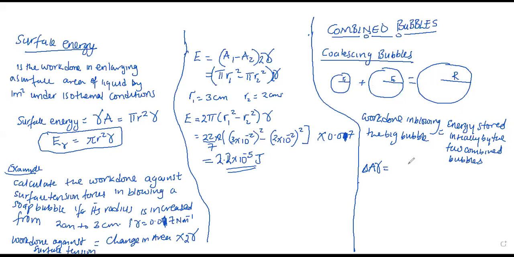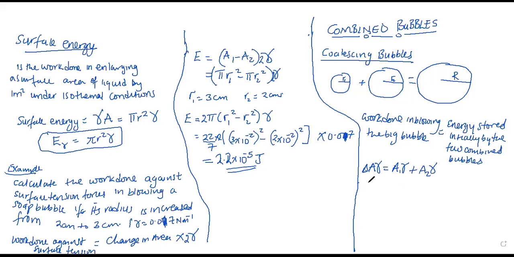For the individual bubbles we had area 1 times gamma of the smaller bubble, plus area 2 times gamma.